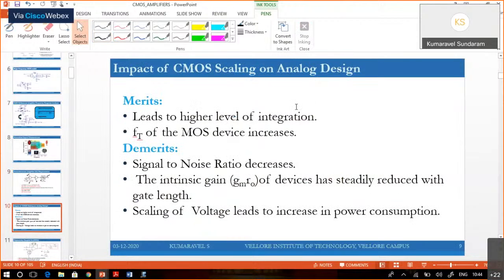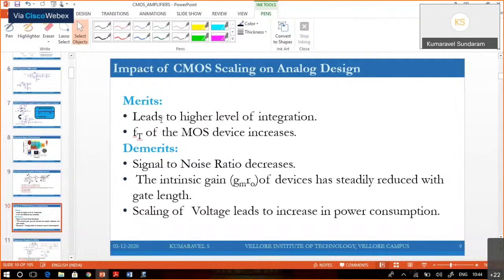Now, we are going to build this circuit using CMOS. We know technology is scaling down. So what will be the impact of technology scaling in analog design?